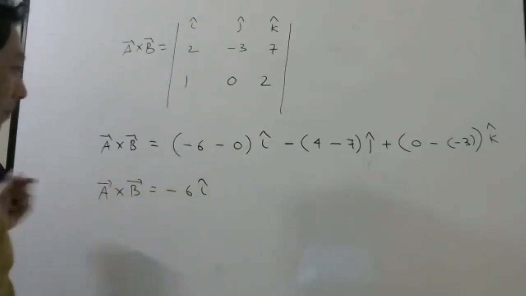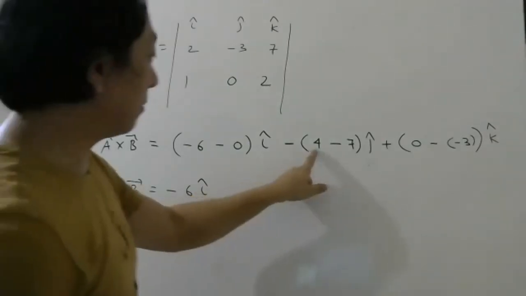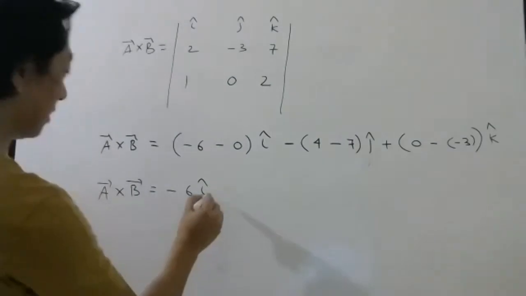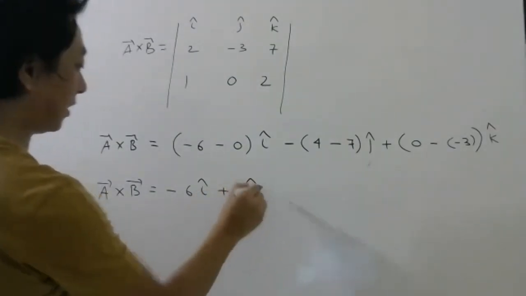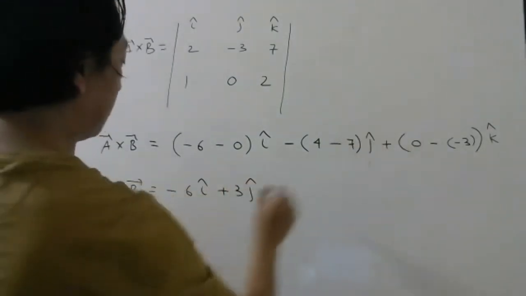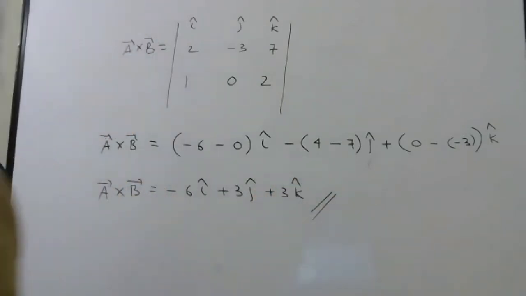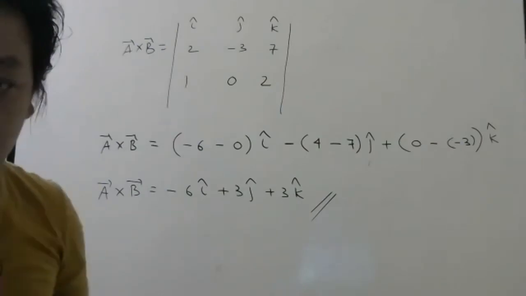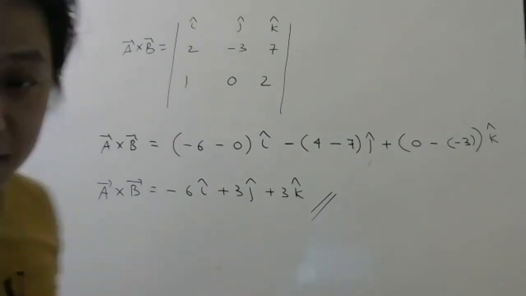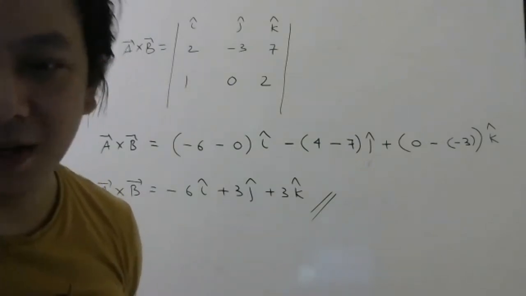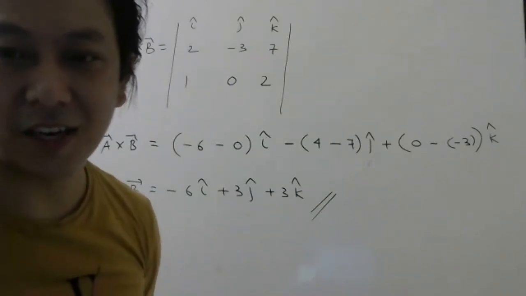Minus 6 i cap, 4 minus 7 minus 3 is minus 3, so minus plus 3 j cap, and this is plus 3 k cap. Minus 6 i cap plus 3 j cap plus 3 k cap. Students, while writing the answer, no need to put cap. You just write small i, I will understand it is cap only.